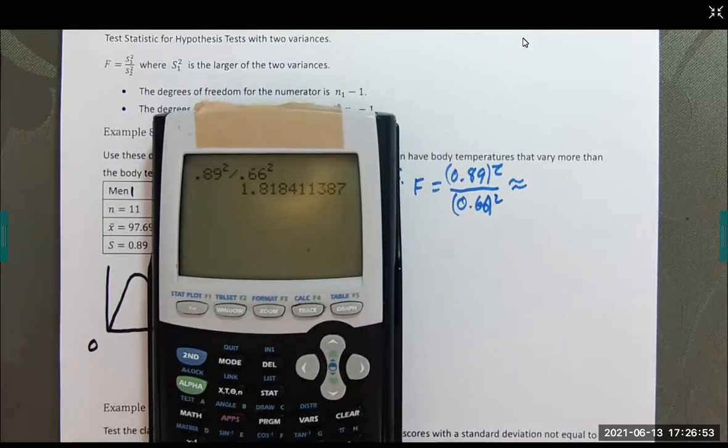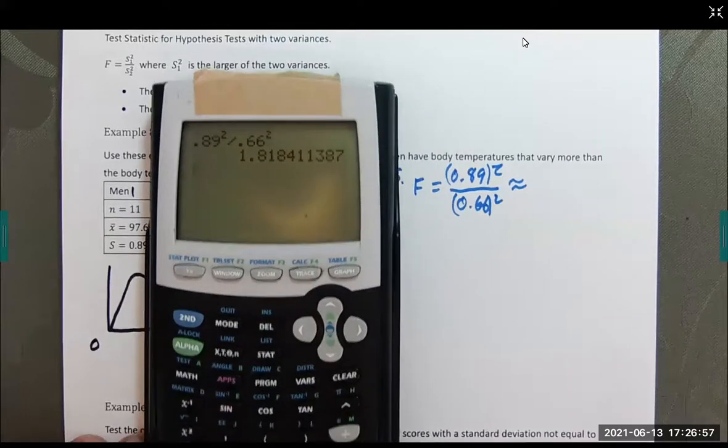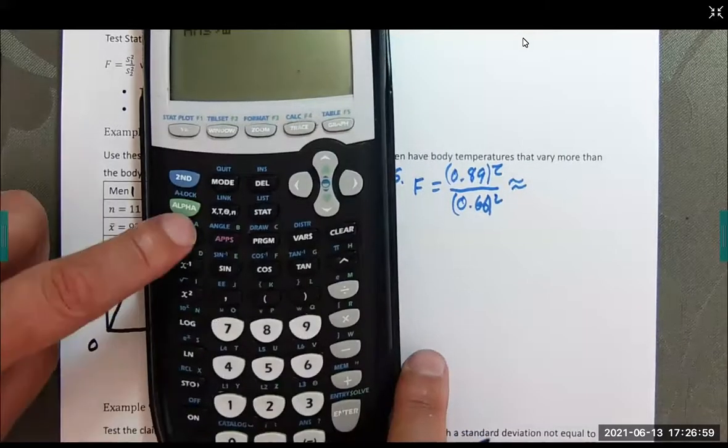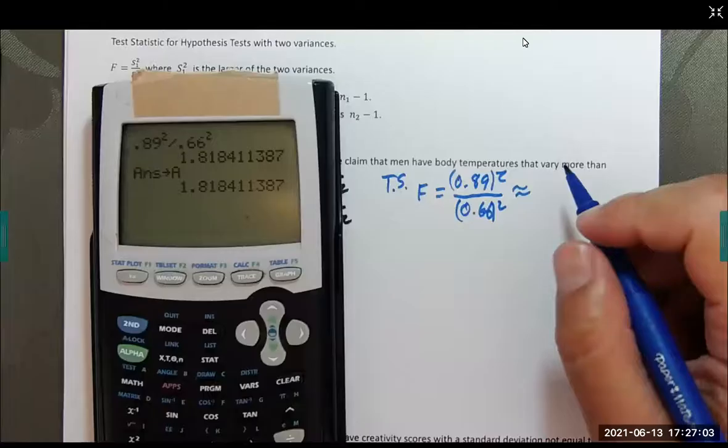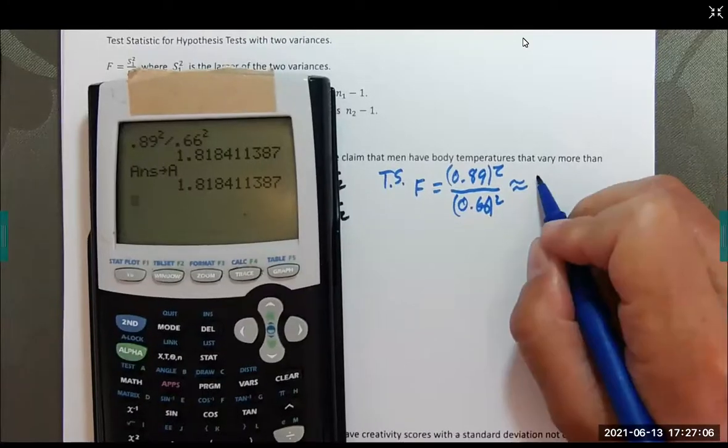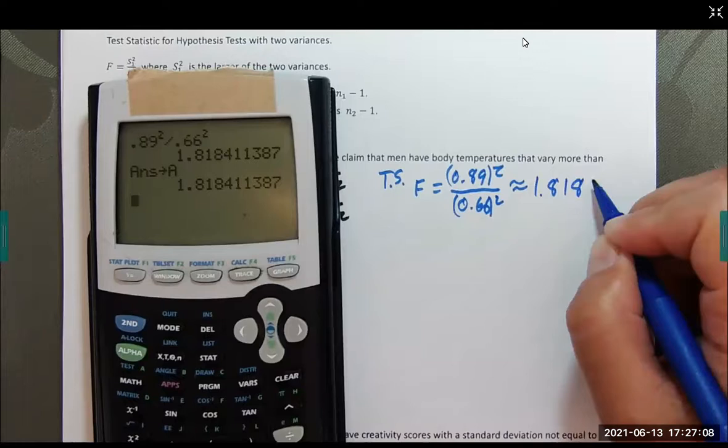So here's our test statistic, and I'm going to store that, just as a quick reminder, store into alpha A. That way I can use all of those digits here in just a moment. 1.818, and then I store it into A.